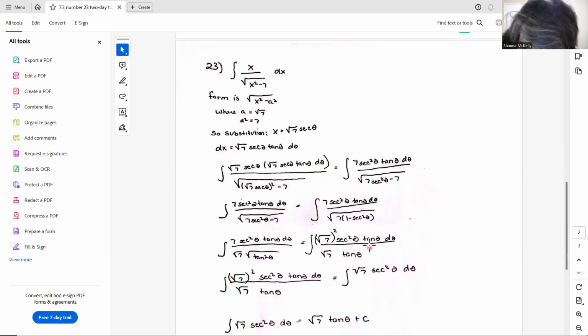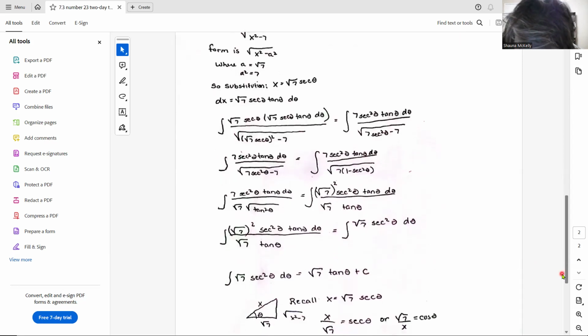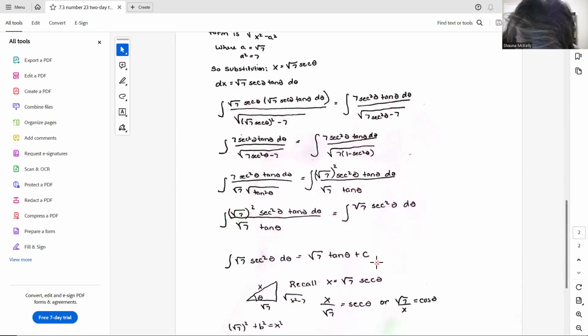The tangents cancel each other, leaving me with secant squared theta d theta. So now my problem becomes the integral of the square root of 7 secant squared theta d theta.